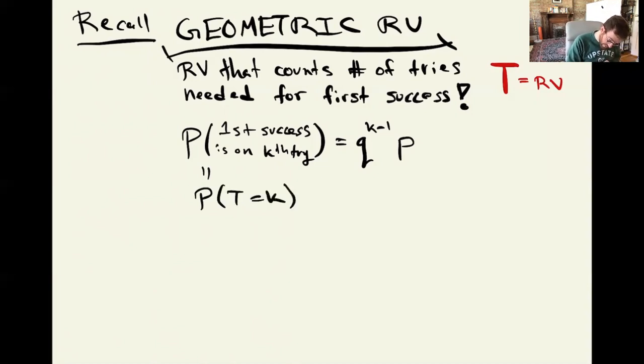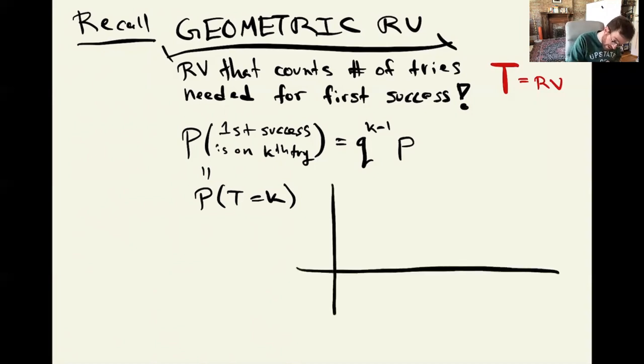And if we look at the distribution of possibilities, it turns out that the most likely outcome is that you succeed on your very first try. So this corresponds to k equals 1. Because each of these q's are numbers less than 1. And so when you keep multiplying, that's going to keep shaving off the probability.